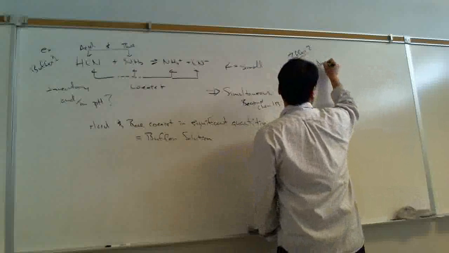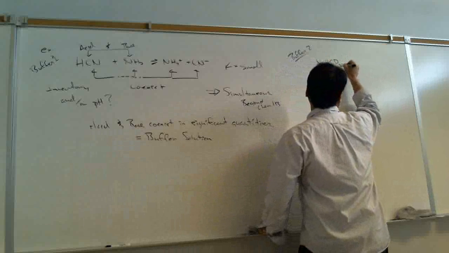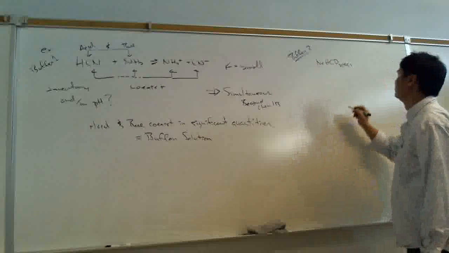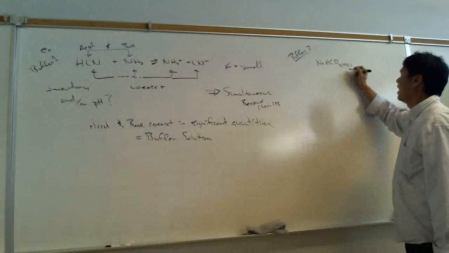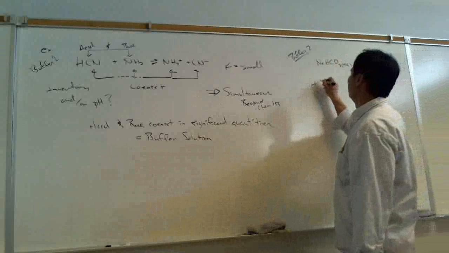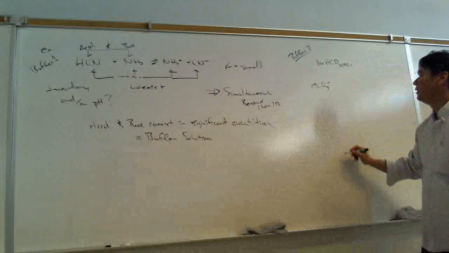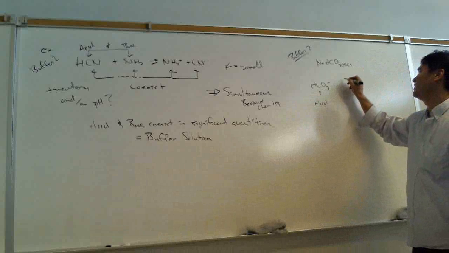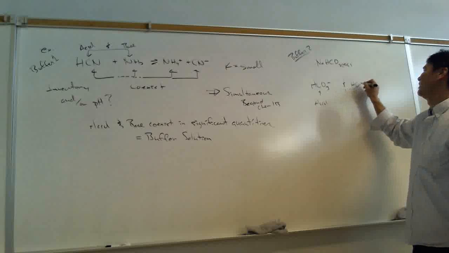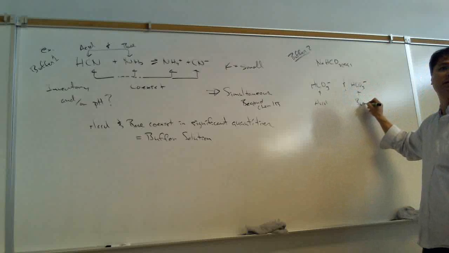A buffer type 2 would be something like sodium bicarbonate, aqueous. If I have sodium bicarbonate, then we know something about bicarbonate. Bicarbonate is an acid, and bicarbonate is a base, right?